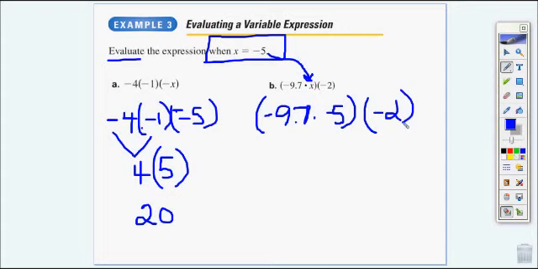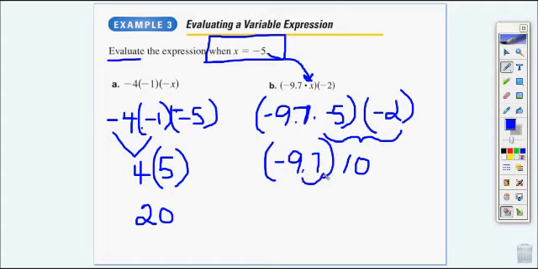I could also do it this way. Let's do it this way. It's going to be easier. Negative 5 times negative 2 is going to give me a positive 10. Negative times a negative. I'm left with my negative 9.7. That gives us mental math. We can just move this over. We'd have a negative 97.